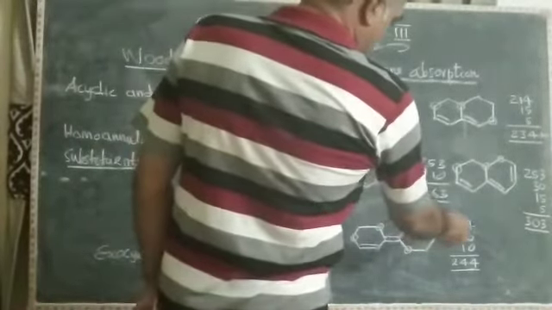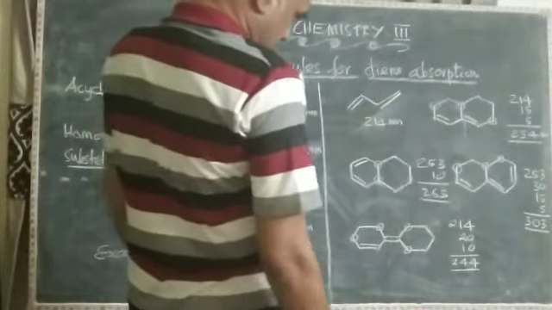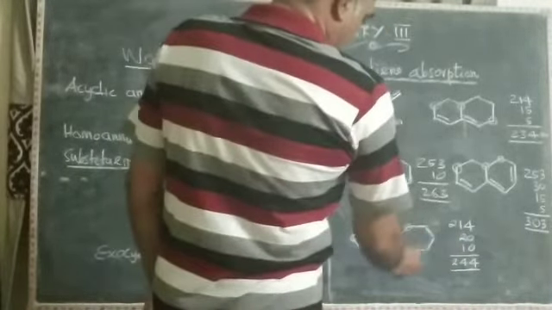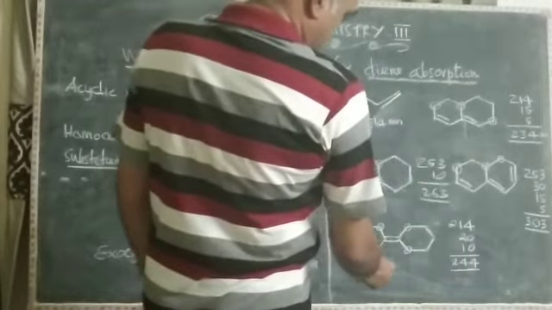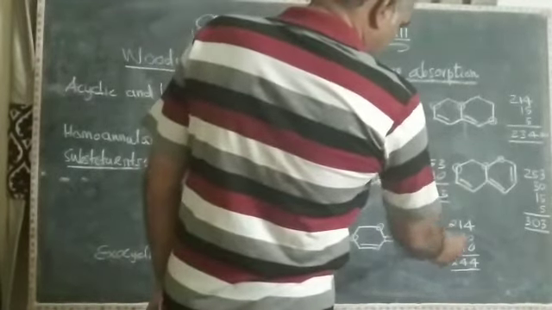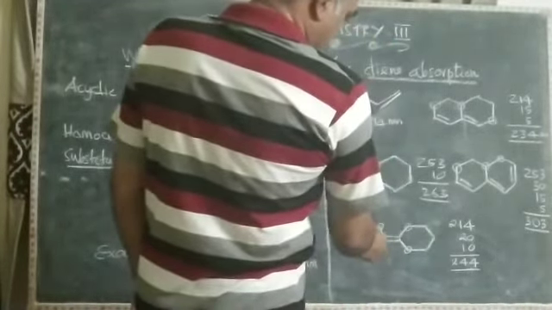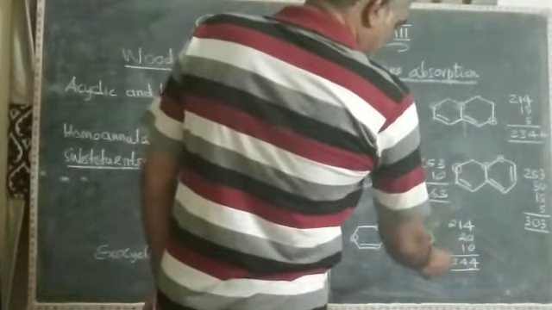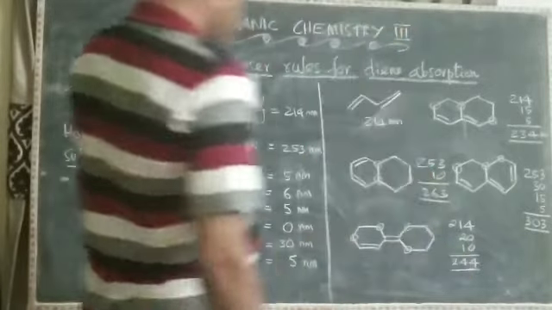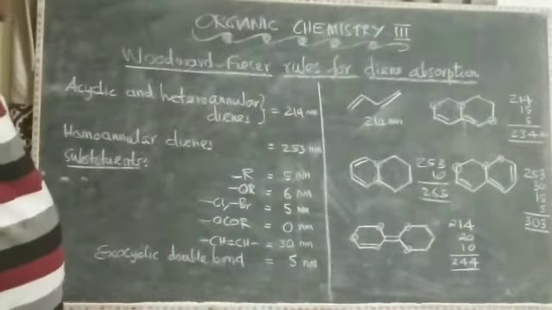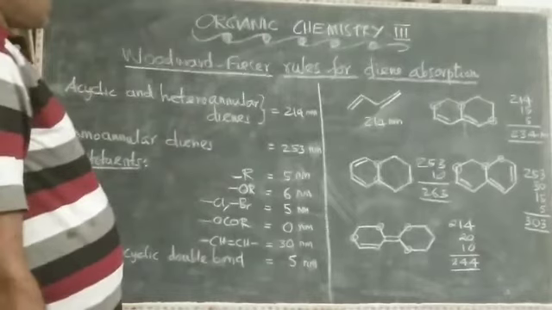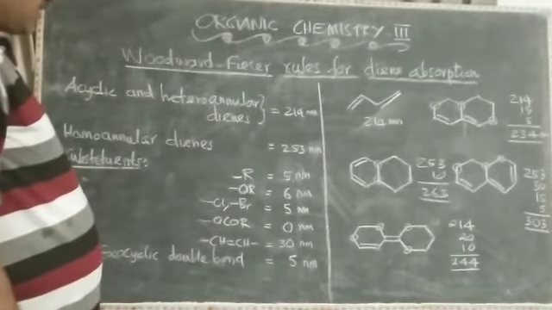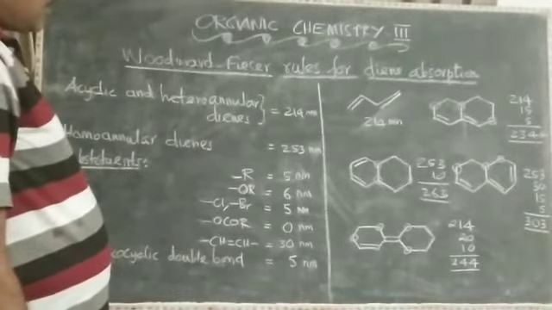So the base value is chosen to be 214, and there are 4 ring residues. So 4 into 5, 20. Since the double bond is exocyclic to 2 rings, 2 into 5, 10. So in total 244 nanometer. This is how the lambda max is calculated for diene absorption for various systems.